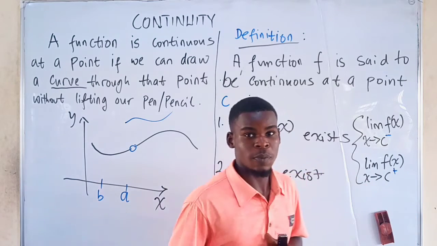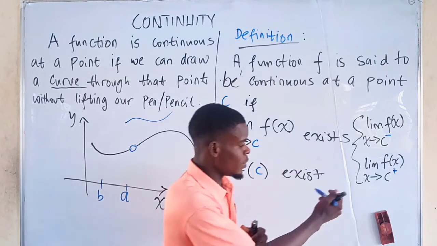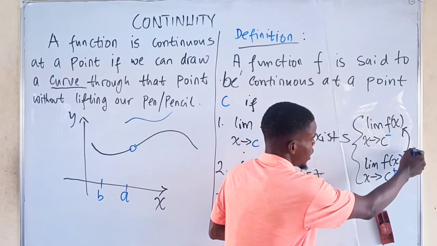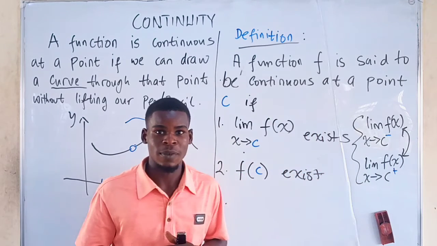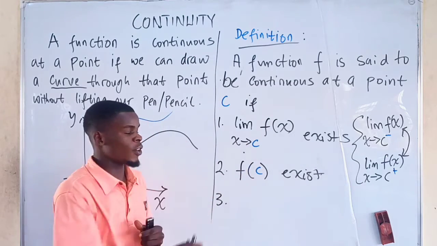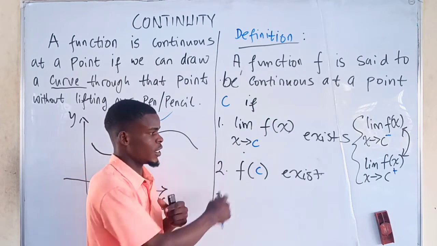That is what it means for a limit to exist. A limit is said to exist if the one-sided limits, the left-hand limit and the right-hand limit, both exist and are equal. Then the limit of that function exists as x approaches c.